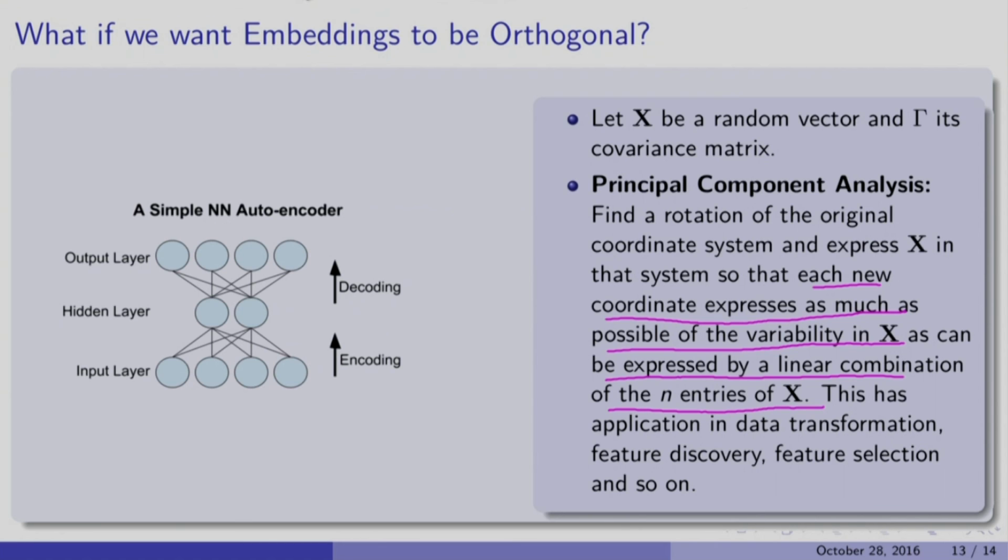Now the coordinates by intuition should be such that they are orthogonal. So the orthogonality comes somewhat here, but we are also interested in prioritizing the coordinates, which means we want the first coordinate to capture the direction of maximum variability, the second to capture the next maximum direction of variability of X, and so on.